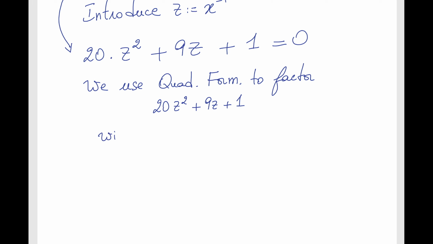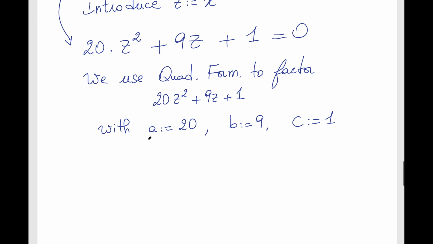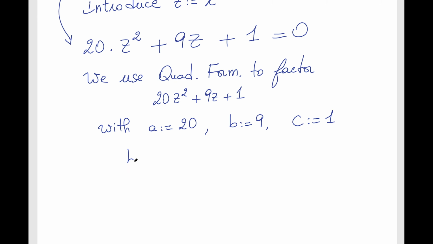So with a equals 20, the coefficient of z squared, b is 9, and c is 1, right? C is the constant part, and b is the coefficient of z. Or x at the time, remember? All right. So what's the discriminant? B squared minus 4ac.